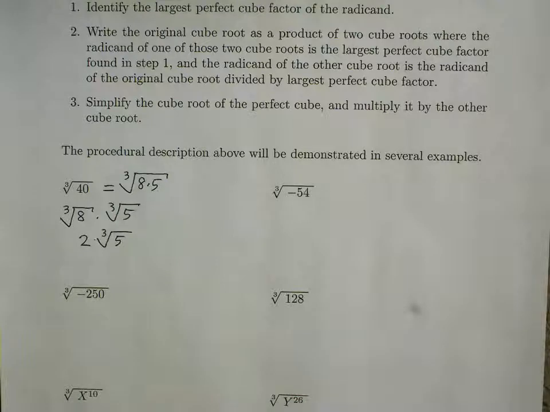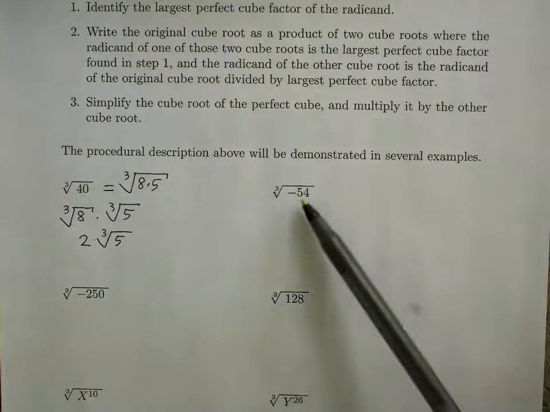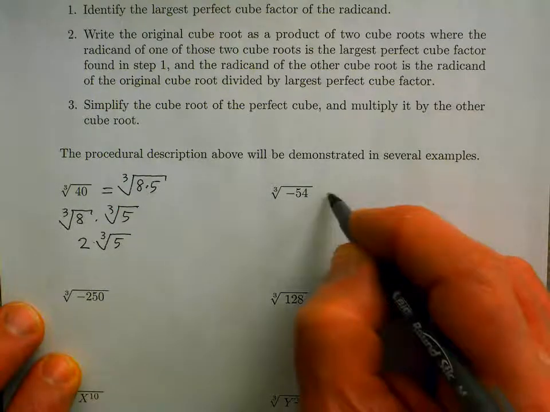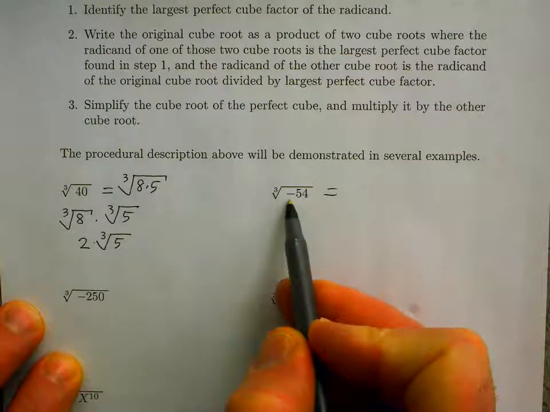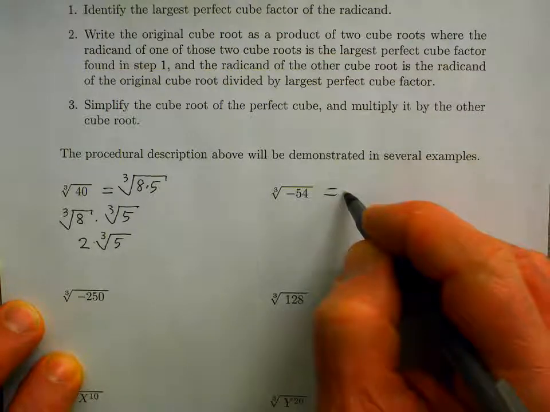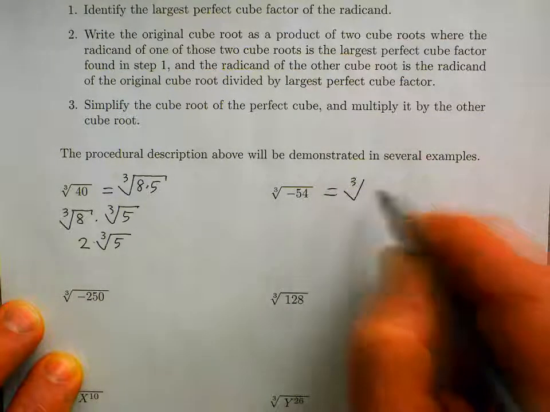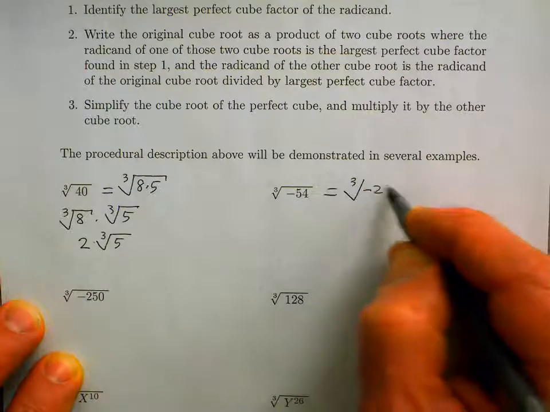Let's see, the perfect cubes are 1 to the third equals 1, 2 to the third equals 8, 3 to the third is equal to 27, 4 to the third is 64. So 27 times negative 2 is negative 54. But for a cube root, when the radicand is negative, we can write this as the product of negative 27 times positive 2.